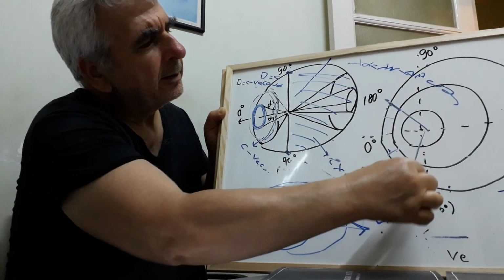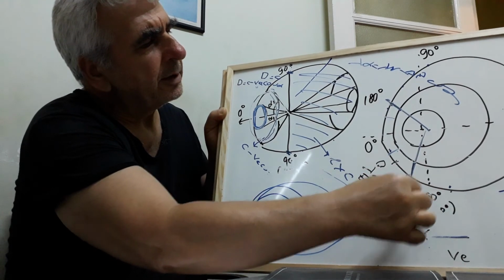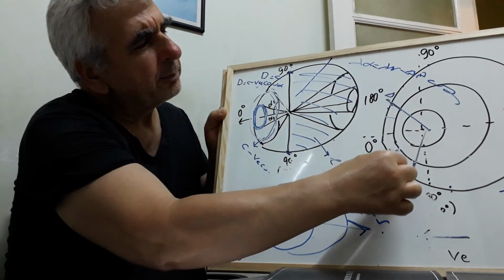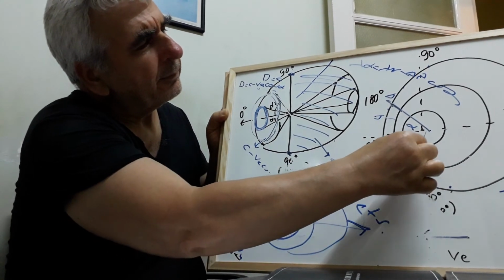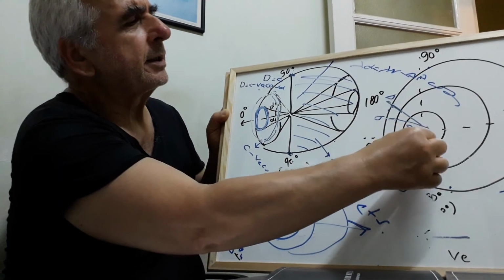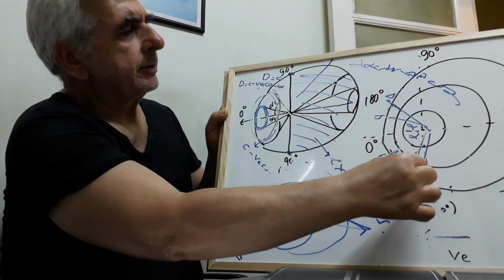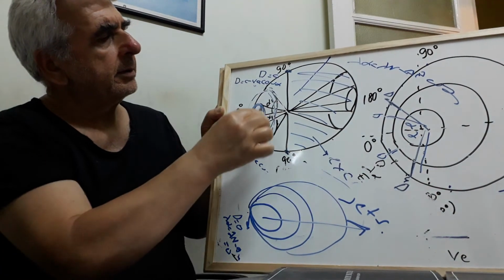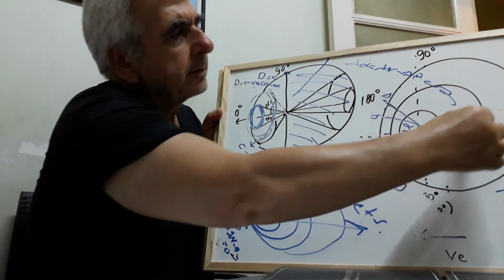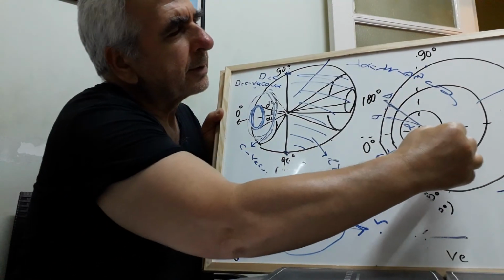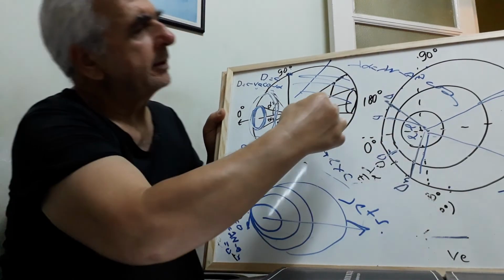This wavelength at this point d, at this point another alpha. You understand, this is three-dimensional, enlarged, this is alpha, like this.